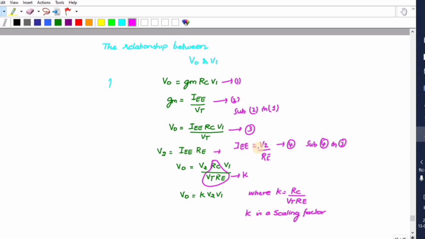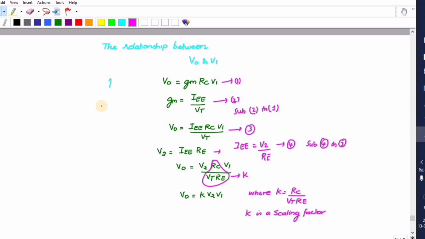This is your fourth equation. Substituting the fourth equation in the third equation, you get V0 is equal to V2 V1 into RC divided by Vt RE. So I can take K is equal to RC divided by Vt RE, which is the scaling factor. Therefore, you get the V0 value equal to K into V2 V1.